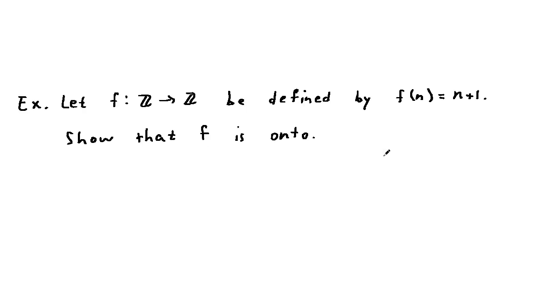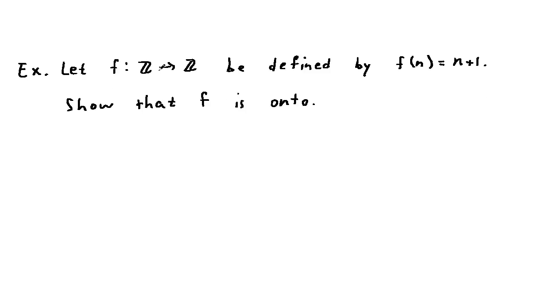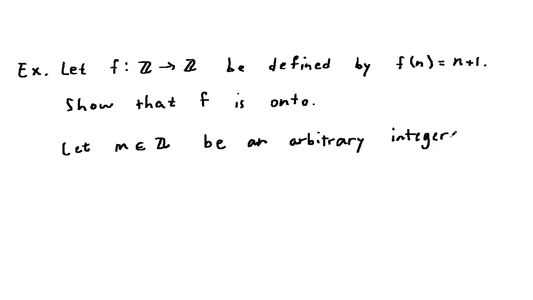Let's do some examples. Let f from Z to Z be defined by f of n equals n plus 1. Show that f is onto. Let m in Z be an arbitrary integer. We need to show that there is an integer that gets sent to m.